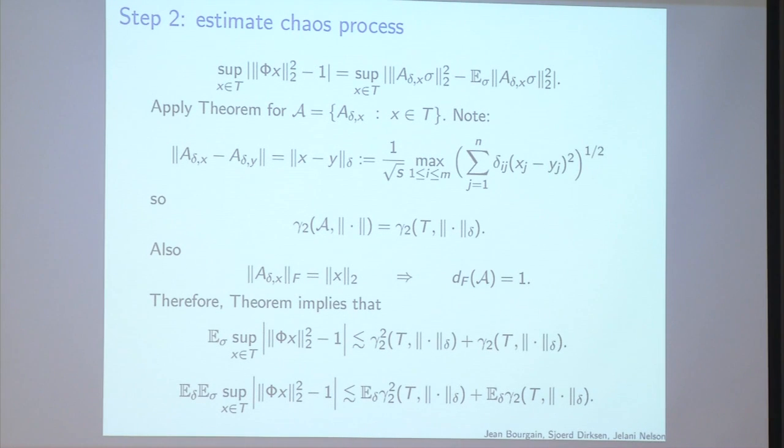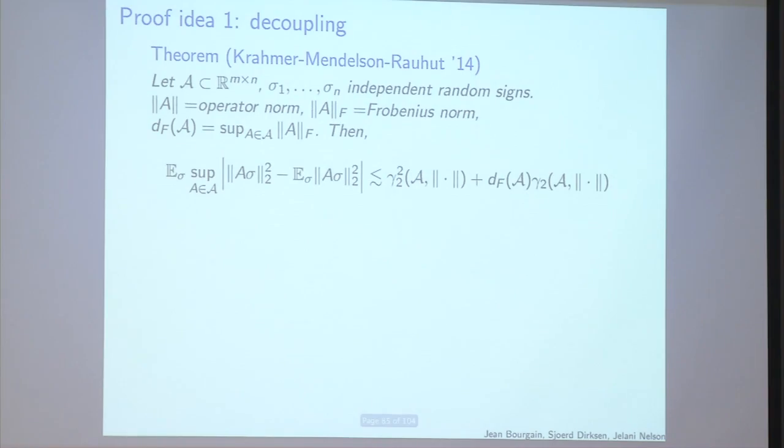And estimating this parameter is really the main technical work of the paper. Okay, however, I'm not going to show this because this is a workshop on chaining. So what I'm actually going to do is show how you prove this generic chaining bound. So I want to show a proof sketch to finish my talk, I guess.